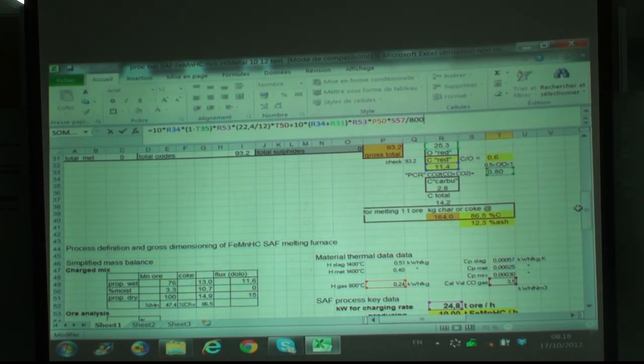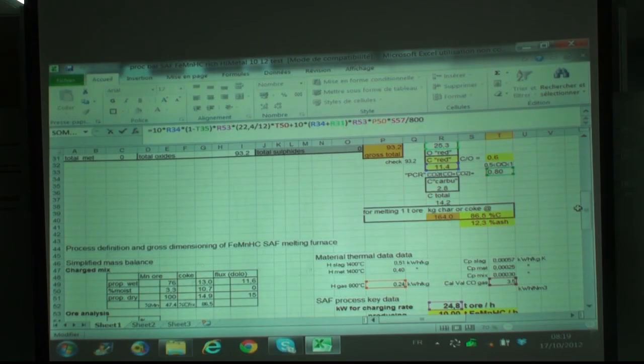It is kilocarbon per 100 kilo, and then I multiply by the ore rate in ton per hour, and I have to multiply it by 10 because this is for 100 kilo, and I give the ore rate.